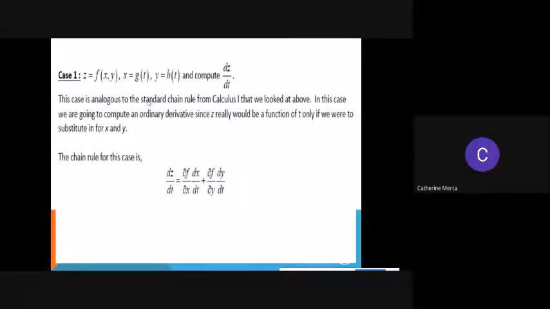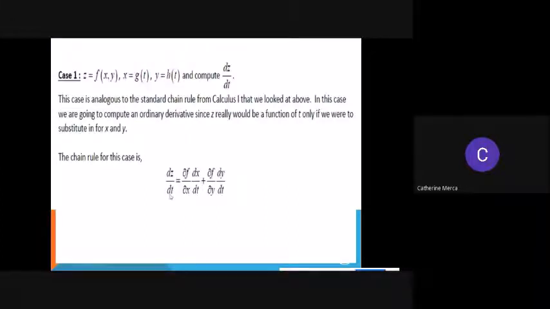What do we mean by that? Notation: you have dz/dt, partial of f, ang function nato, no? Z, and z equals f. So partial of the function with respect to x, then you make use of whatever is there, you have dx, x po na, then dt. Plus partial of f with respect to y, so you have your dy here, dt.